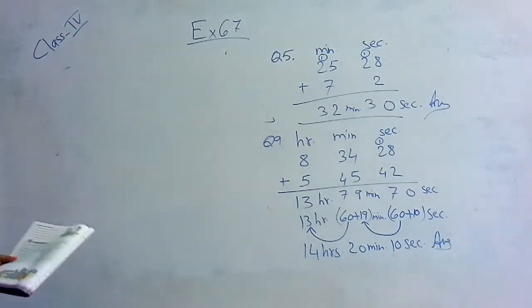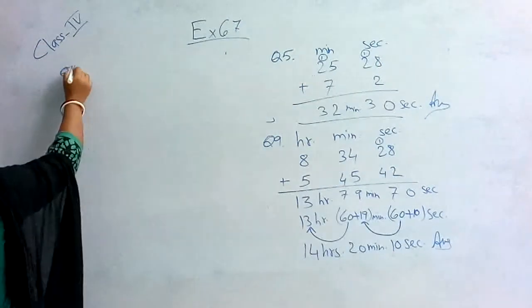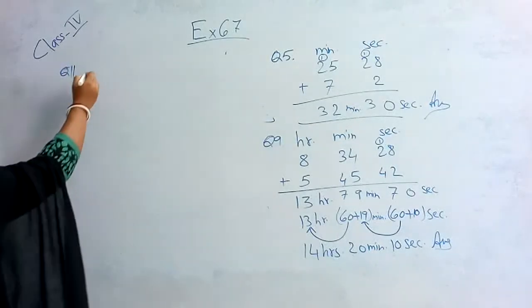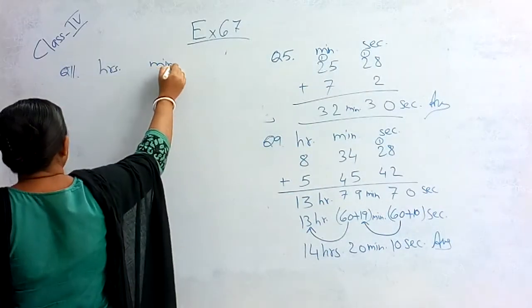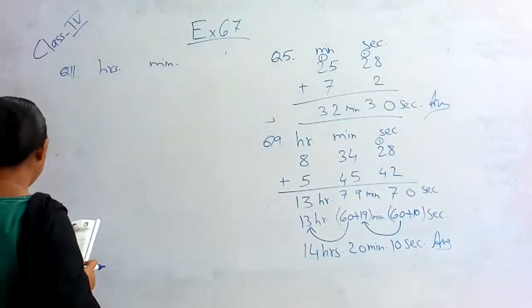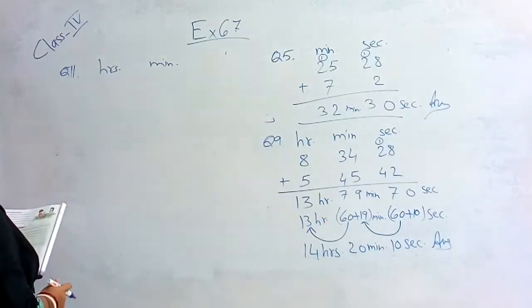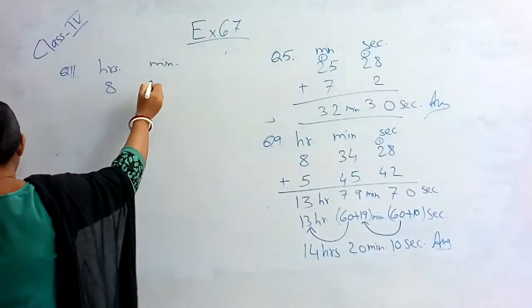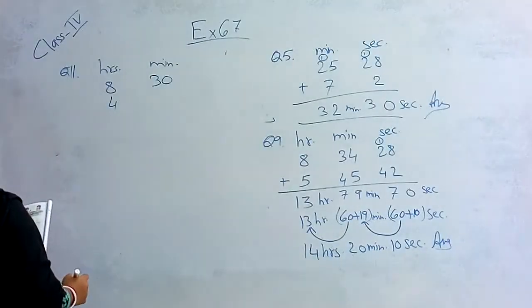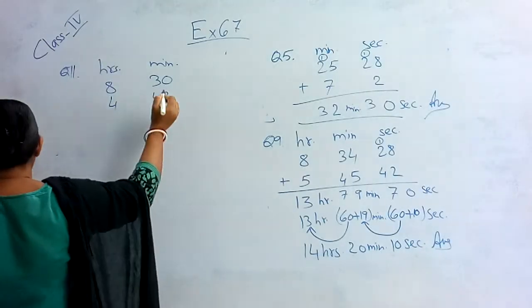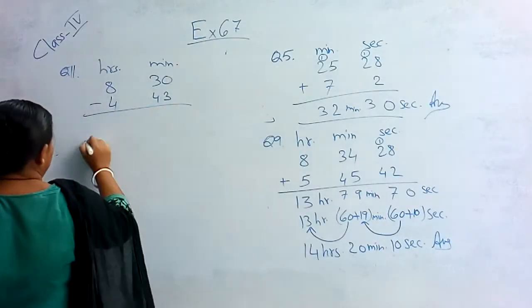Number 11. Question 11. It is given in hours and then minutes. So 4 hours, 43 minutes from 8 hours, 30 minutes. So 8 hours 30 minutes, and 4 hours 43 minutes. Subtract it.